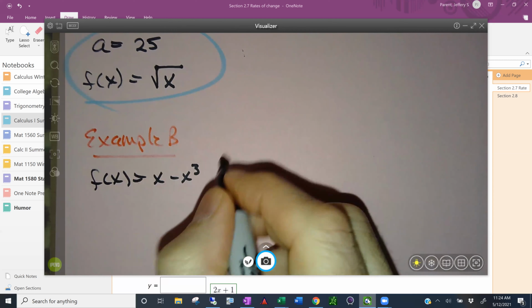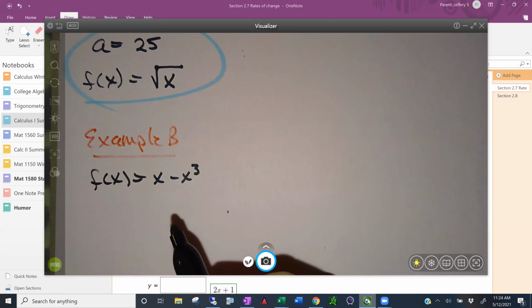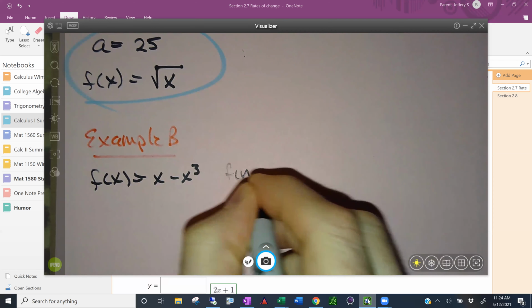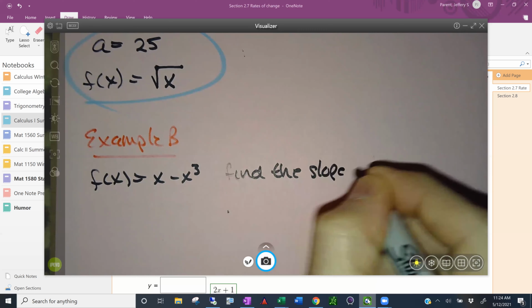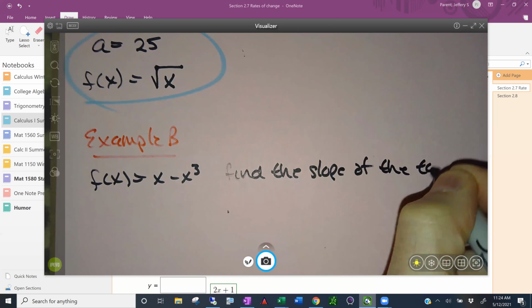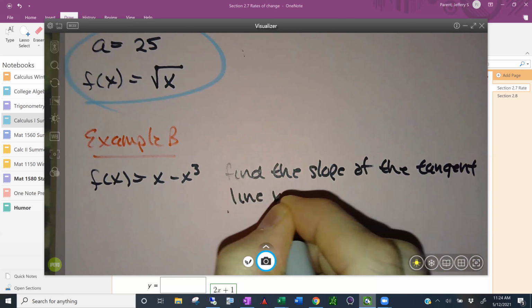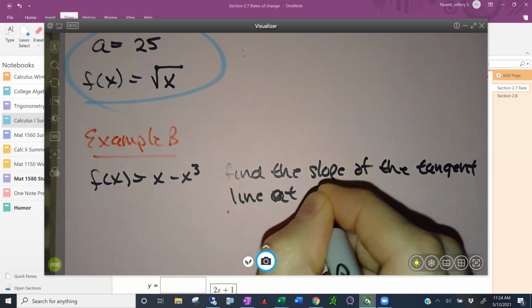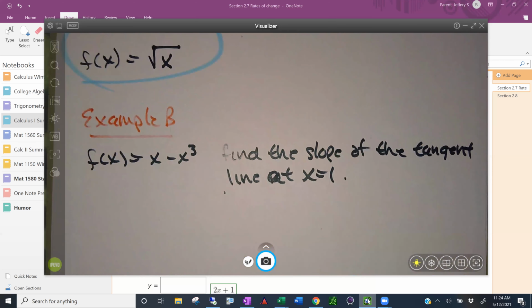And I'll find the slope of the tangent line at x equal 1. Or maybe I should say a equal 1.